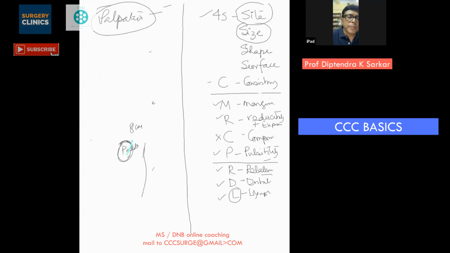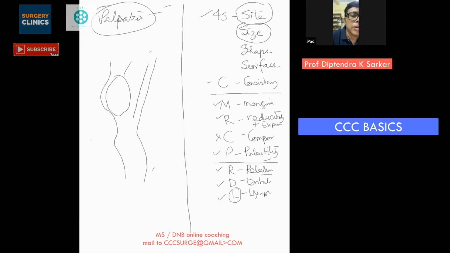Now, suppose you have a swelling which is situated, say, in the thigh once again. Okay. So this is a swelling which is situated in the thigh. And somebody is asked to tell the size of the lesion.